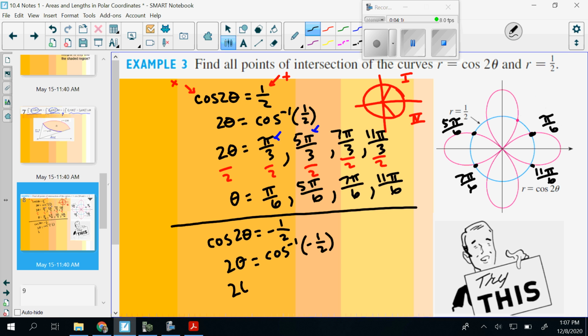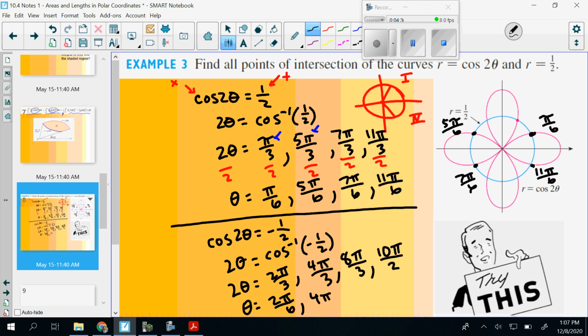So here, if you did cosine inverse of -1/2, that's going to give you the angles 2 pi over 3 and 4 pi over 3. If we keep going around the circle again, like we did with the last one, we'd also get 8 pi over 3 and 10 pi over 3. Now dividing by 2, just theta, then we'd get the other answers. So this would be 2 pi over 6, 4 pi over 6, 8 pi over 6, and 10 pi over 6. Both of those could be simplified.